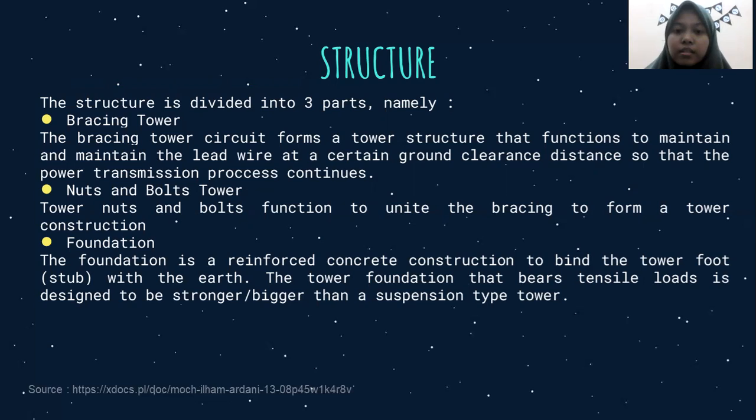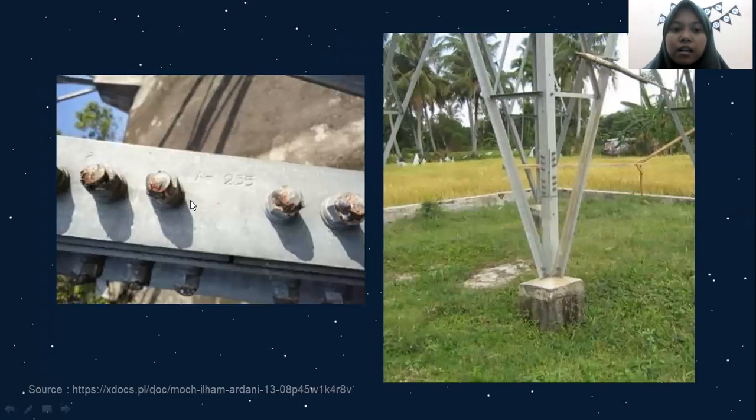And the foundation is constructed to pin the tower foot to the earth. So the tower foundation that bears tension load is designed to be stronger or bigger than a suspension type tower. And this is an example picture for the nuts and bolts tower and the foundation.